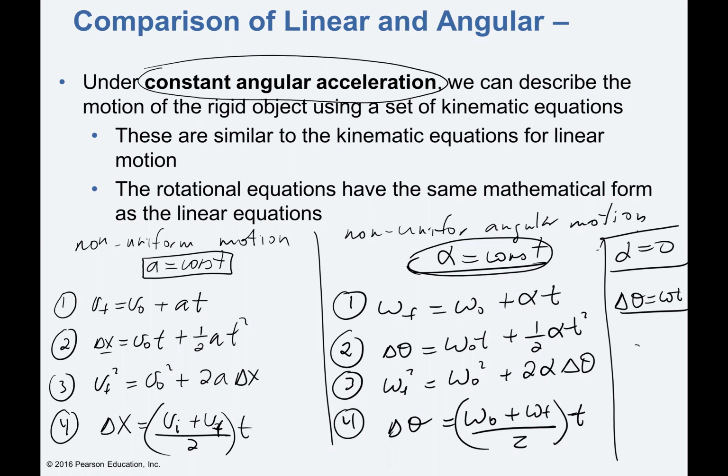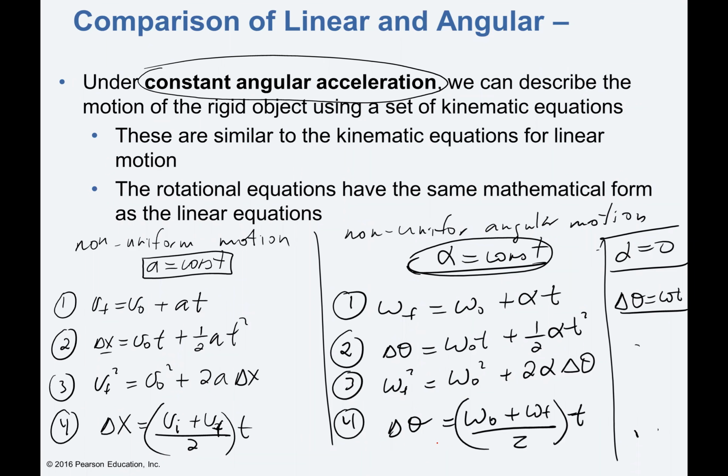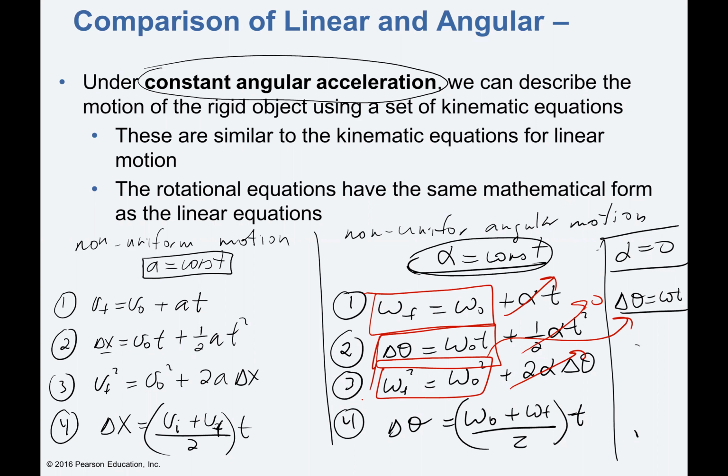When alpha is 0, your angular velocity doesn't change. So if alpha is 0, then this term is 0, which means omega initial and omega final are the same. Delta theta equals omega naught times t, which is exactly what I have over there. When alpha is 0, omega final is the same as omega initial.